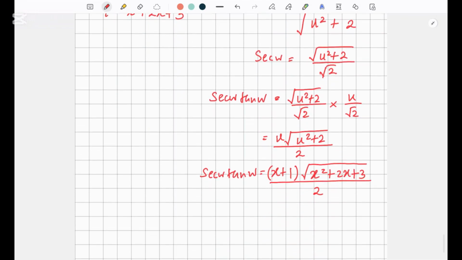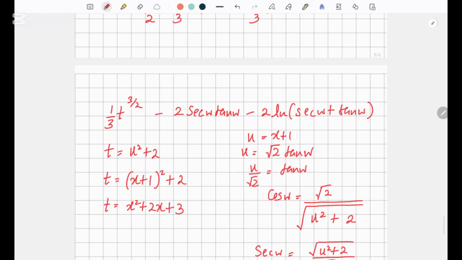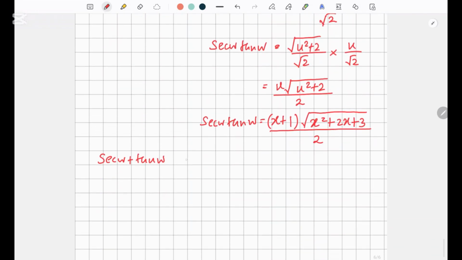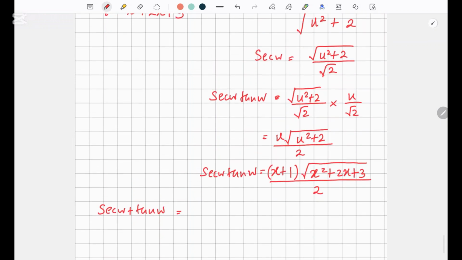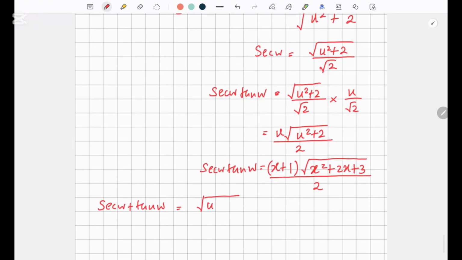Okay, now let's find sec w plus tan w. Sec w plus tan w, which is this. So that would be root u squared plus 2 over root 2 plus u over root 2, right?